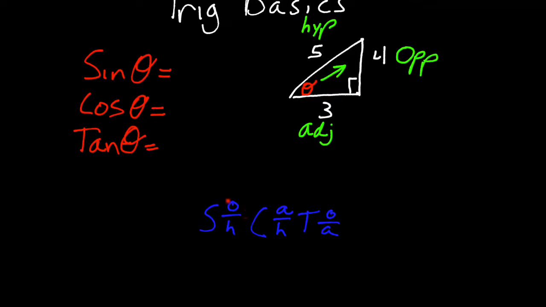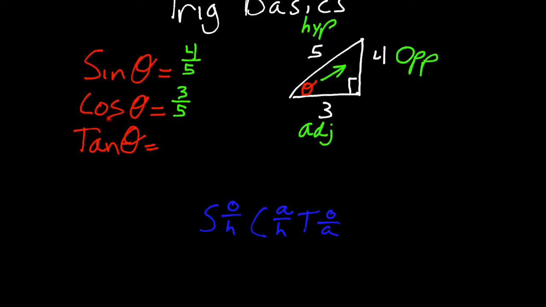Sine is opposite over hypotenuse. Well, my opposite side is 4. My hypotenuse is 5, so my sine of this angle is 4/5. That's all there is to it. My cosine is adjacent over the hypotenuse. My adjacent is 3, my hypotenuse is 5 again, so my cosine is 3/5.